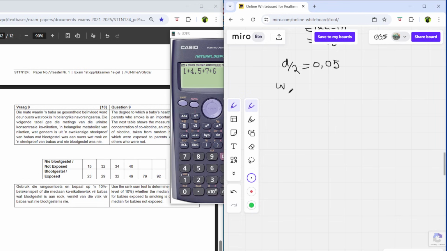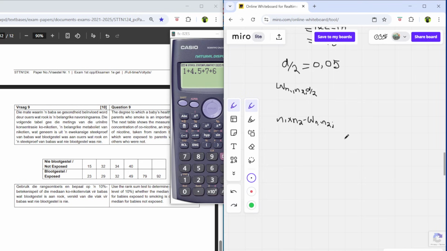The first critical value is W of N1, N2, and alpha over 2. And then the second critical value is N1 multiplied by N2 minus W of N1, N2, and alpha over 2.